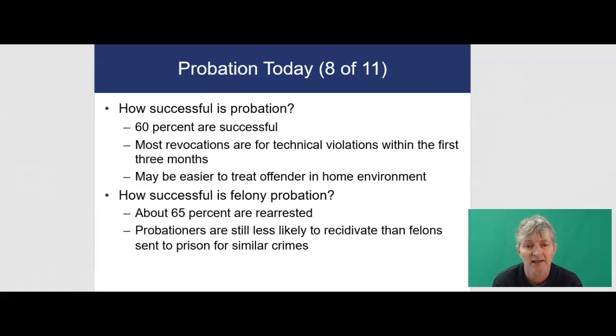Probationers are still less likely to recidivate than felons sent to prison for similar crimes. So it is more successful than sending them to prison, but it still has issues. Probation is the most common form of alternative sentencing because, one, it's humane, two, it helps offenders maintain community and family ties, and three, it's more cost effective.